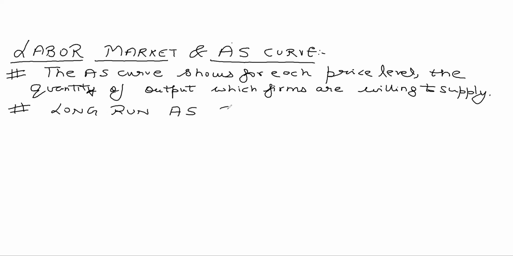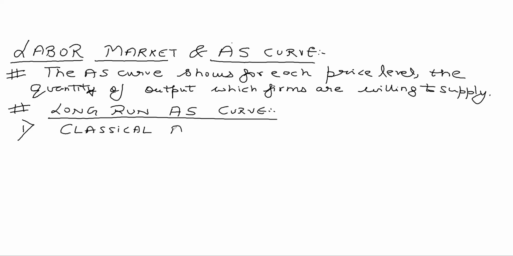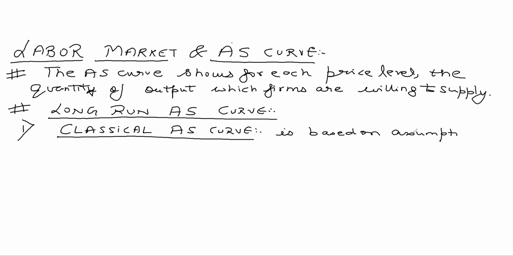And within the long run AS curve, we further have two types. One is called the classical aggregate supply curve. The classical aggregate supply curve is based on the assumption that the labor market is always in equilibrium.